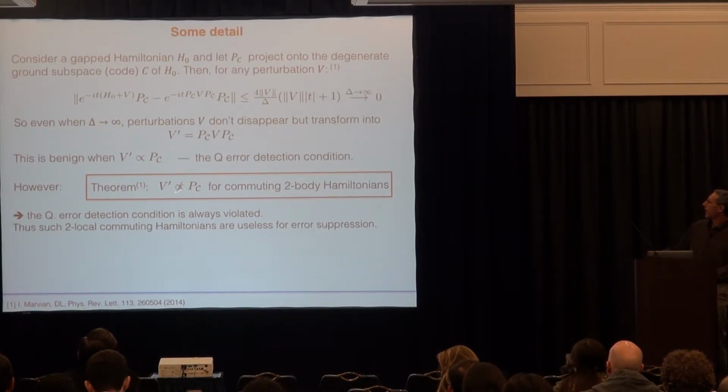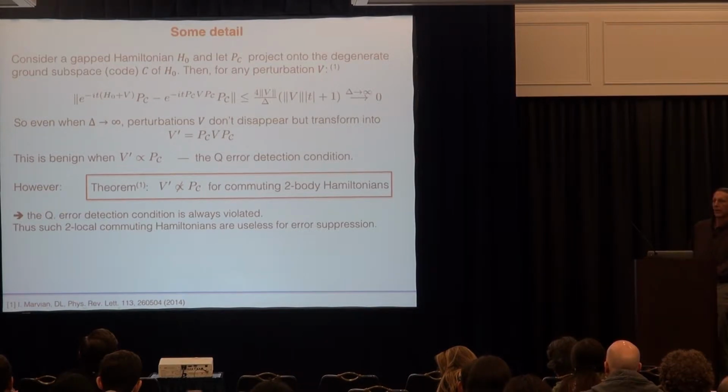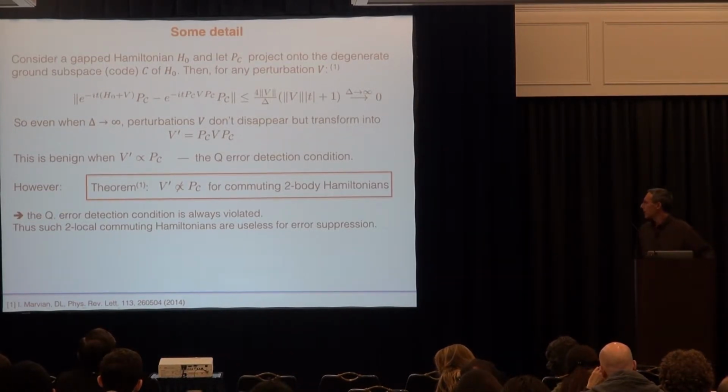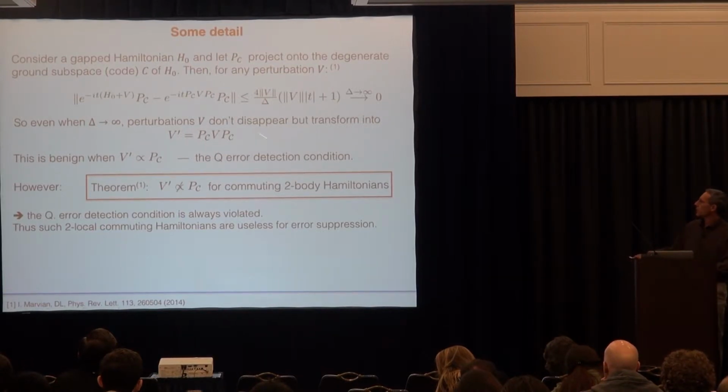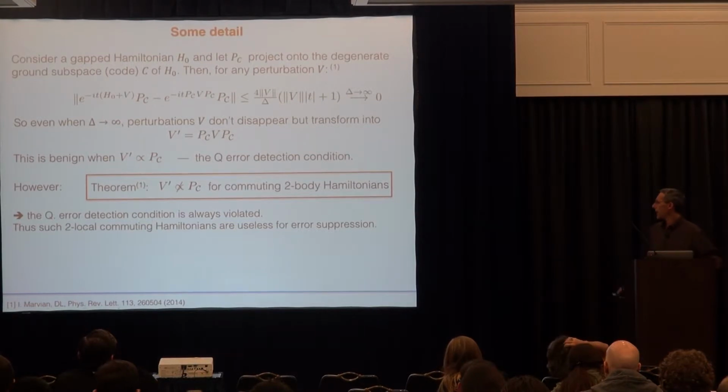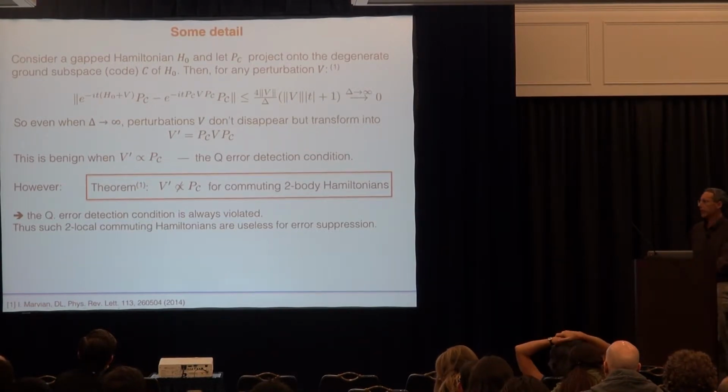The effective Hamiltonian V prime can never be proportional to the ground state projection for commuting two-body Hamiltonians. So that means that the quantum error detection condition is always violated, and therefore such two-local commuting Hamiltonians are effectively useless for error suppression.